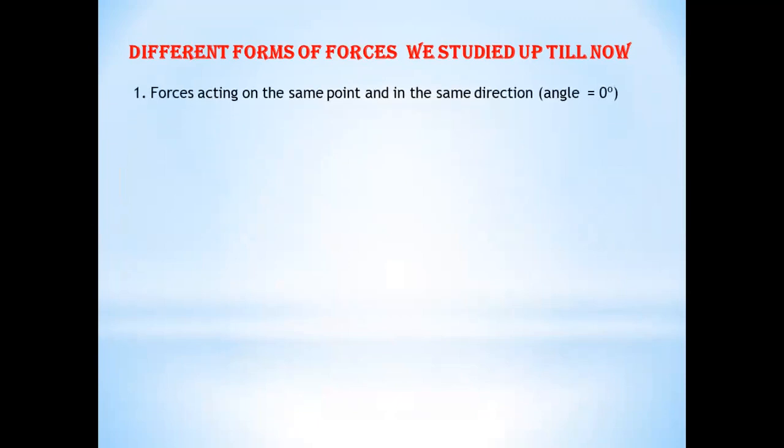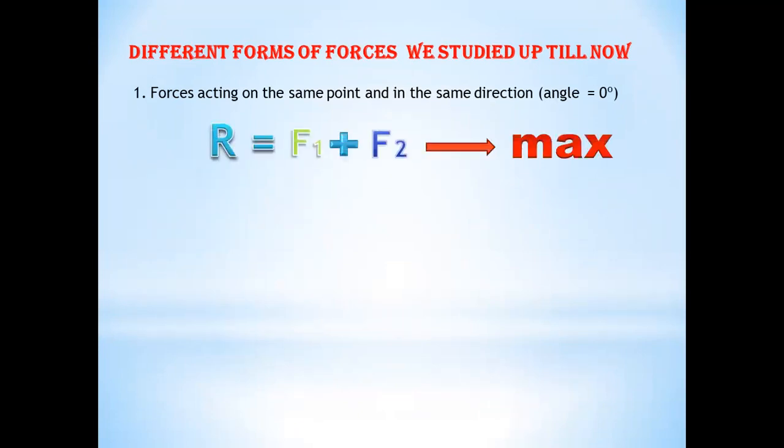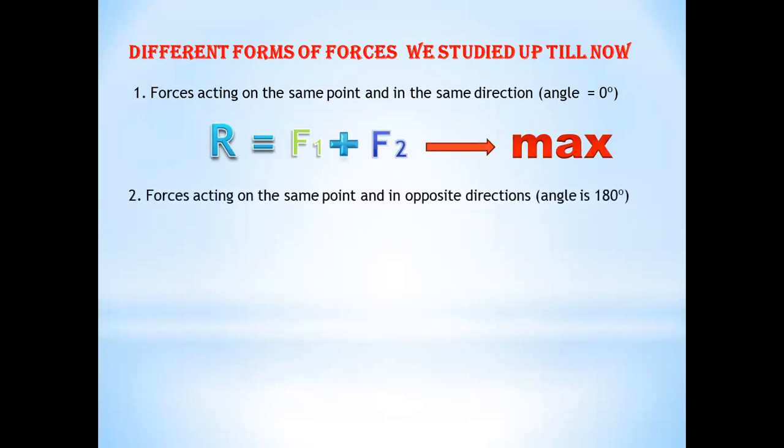Now we have studied three forms up till now. If I have forces acting on the same point and in the same direction, this means that the angle between them is 0. So I'm going to add the two forces to give me the resultant force, and we say that this is the maximum resultant force. The second case we took was if the forces are acting on the same point but in opposite directions, and the angle between them is 180.